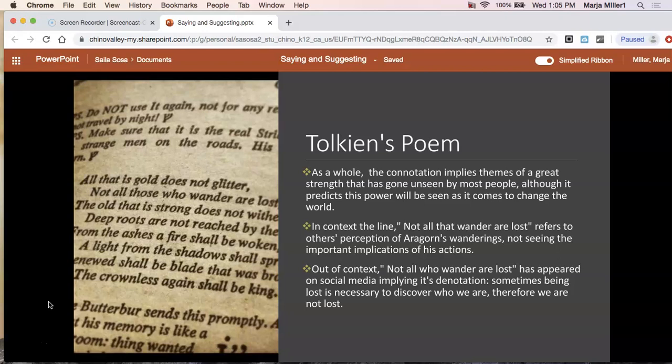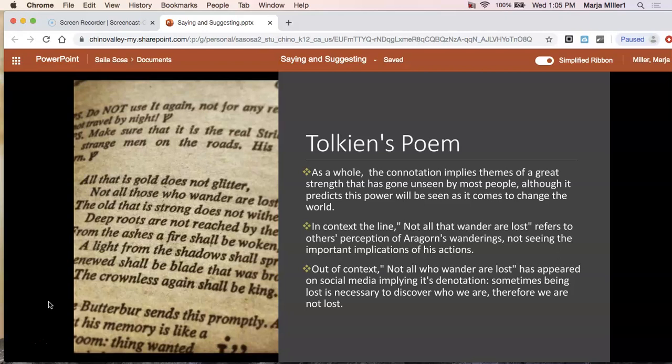But what he actually is doing is protecting people and healing people throughout the book, and he is a descendant of the lost kings of Gondor, and so even though other people don't perceive his goodness, it doesn't mean it's not there.